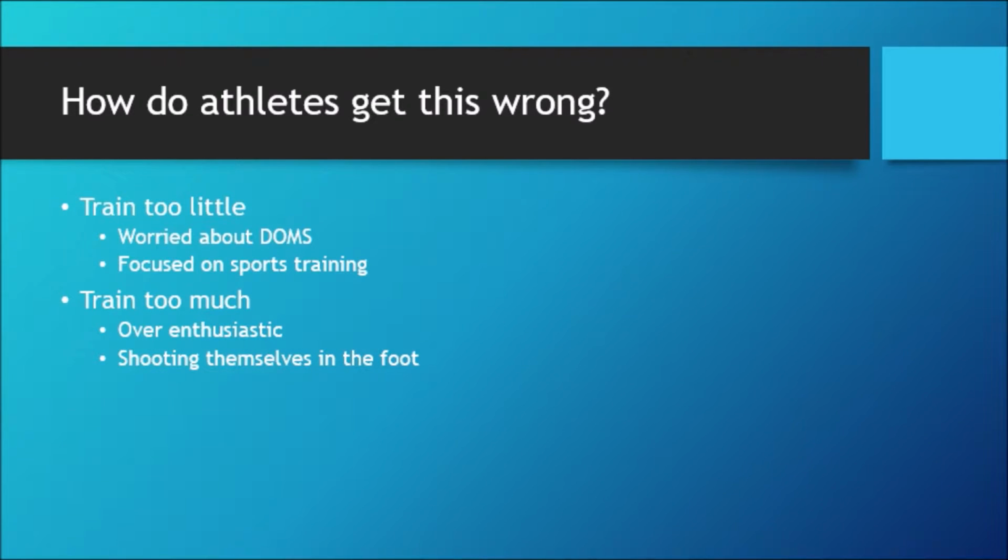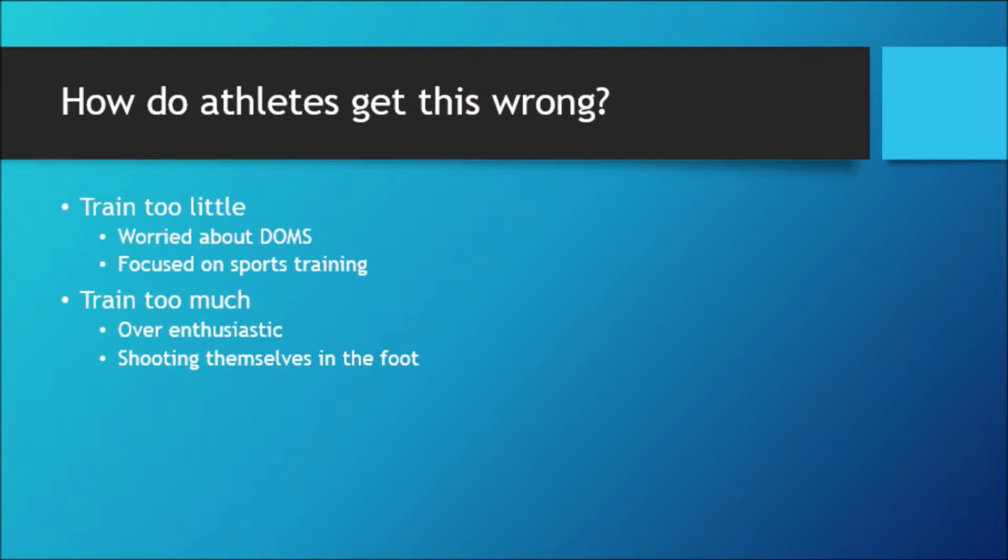So how do athletes typically get this sort of thing wrong? Well, there's two categories that athletes will fall into generally when they get the planning of their training week wrong. They either train too little or they train too much. Why they train too little is often that they're worried about delayed onset muscle soreness, feeling sore, feeling fatigued, not feeling ready to perform on the weekend, so they don't want to overtrain during the week.